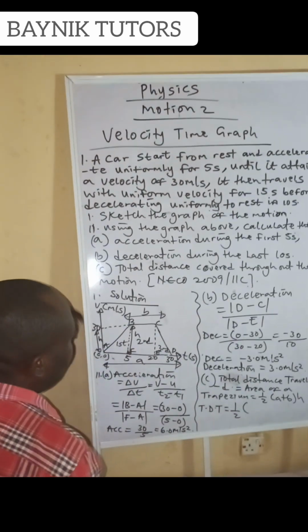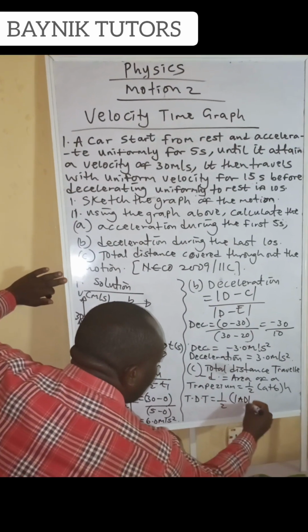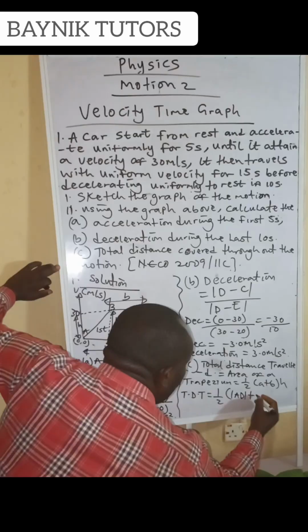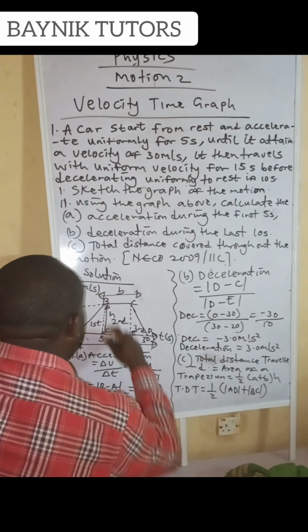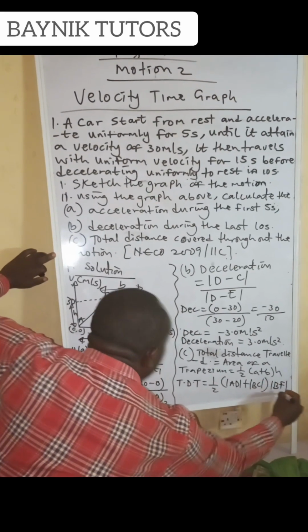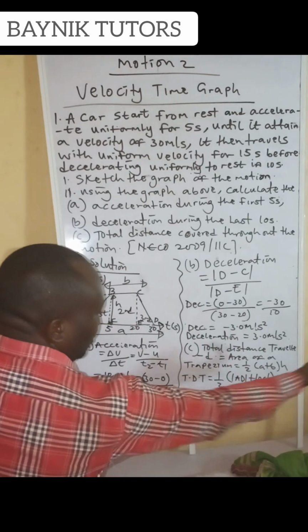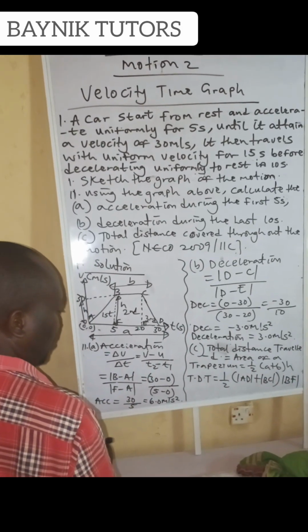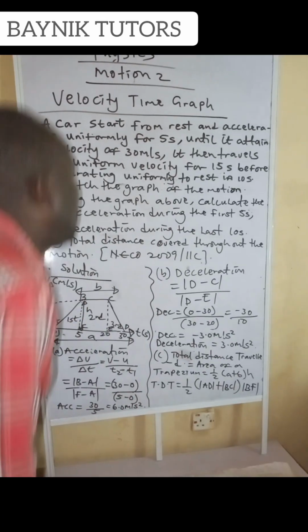So for me, I will say AD plus BC, my height, BF, that's my height. So with this formula now, that means we stated it graphically. So permit me, I will clean the board.